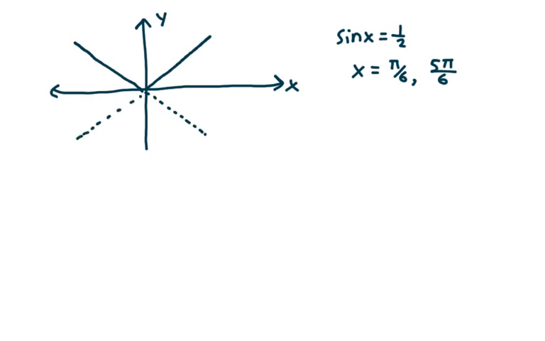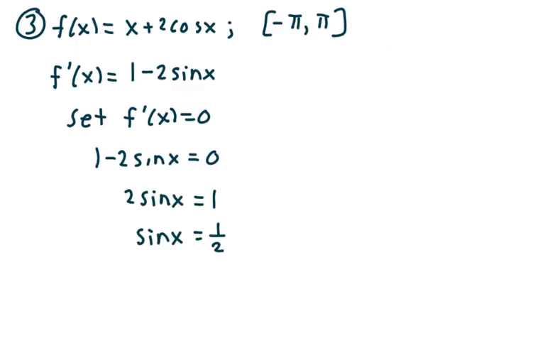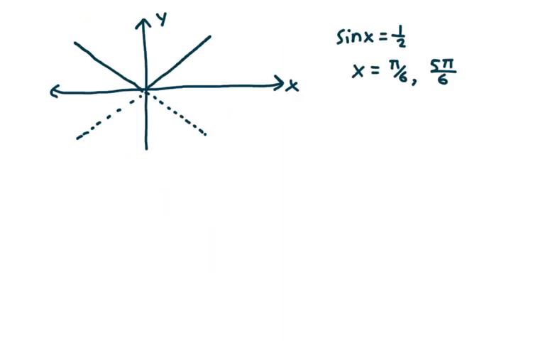And I would say the answer is no, because remember that our restriction is from negative pi to pi. And if I plug in an angle in the third or fourth quadrant, you're going to get a negative y value, if that makes sense.